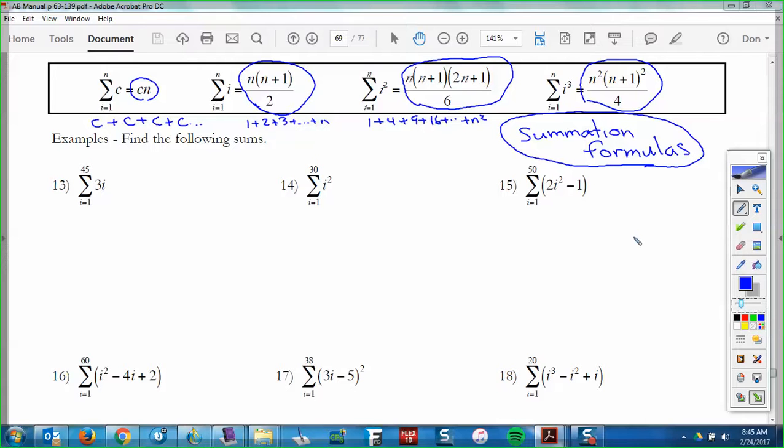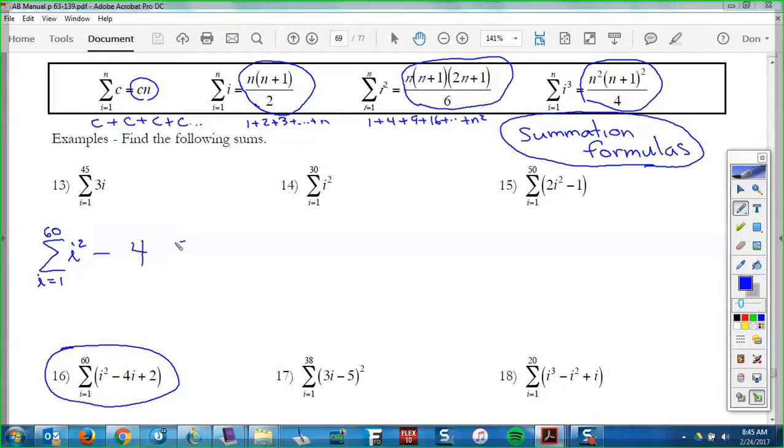So let's take one like number 16 here. We're going to use the rules that we just learned. So what can we do with sigma here when you've got these three terms like this? Split it apart. So this is going to be sigma i equals 1 to 60 of i squared minus, and then what do we do with the 4?